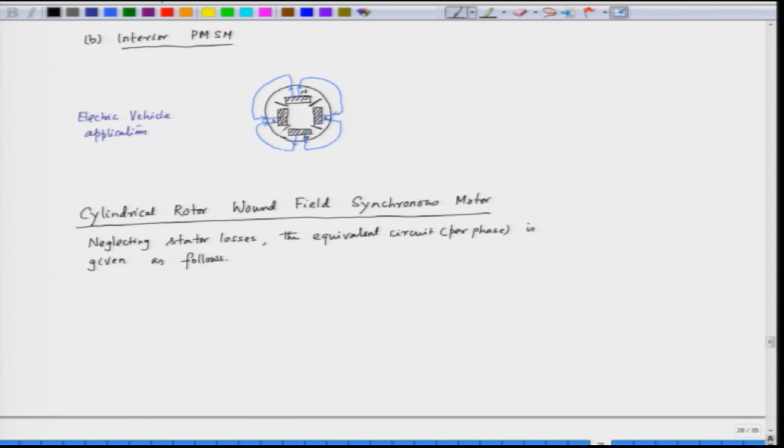What is this equivalent circuit per phase? We have neglected the stator losses. So, we have reactance in the stator, which is called the synchronous reactance, and then we have the induced EMF, and this is the equivalent circuit.